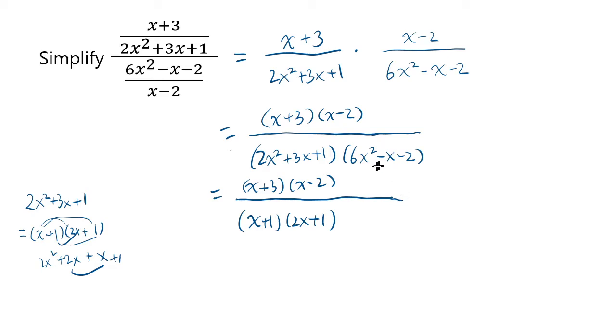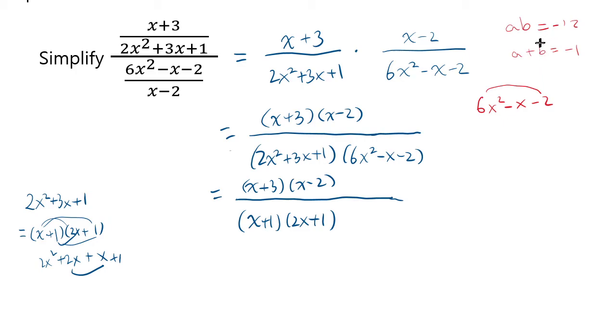Okay, on the other hand, 6x squared minus x minus 2, I would say that's a little tough to just do trial and error. So this one I'll try to use factor by grouping. Multiply these two, you get negative 12. So we're looking for two numbers that multiply to negative 12 and add to negative 1.